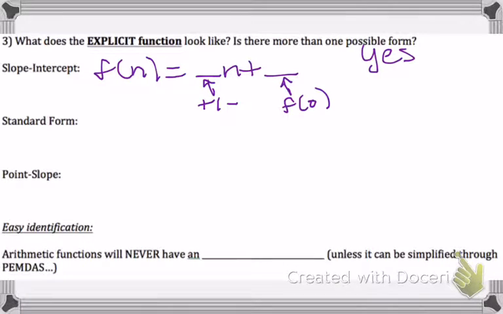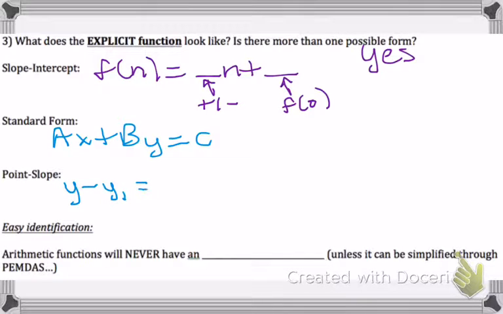We learned earlier this year that we can also have linear functions that are in standard form, ax plus by equals c, and point slope form, which was y minus y1 equals m, which was the slope, times x minus x1. An easy way to identify these sequences is that they will never have an exponent.